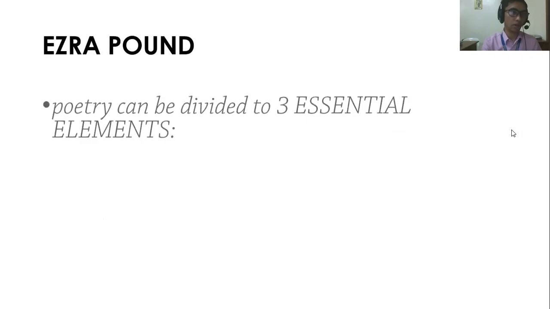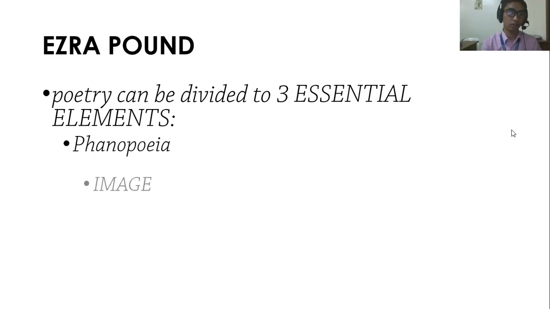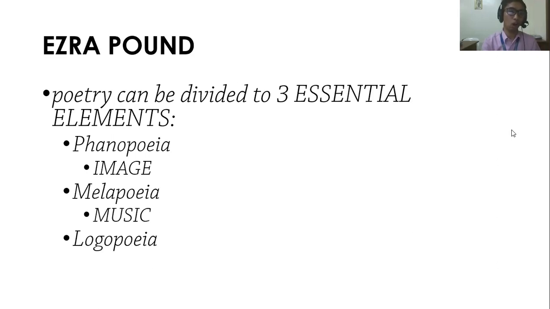Ezra Pound as well said that poetry can be divided into three essential elements. We have phanopoeia, which means image, melopoeia, which means music, and logopoeia, which means meaning.